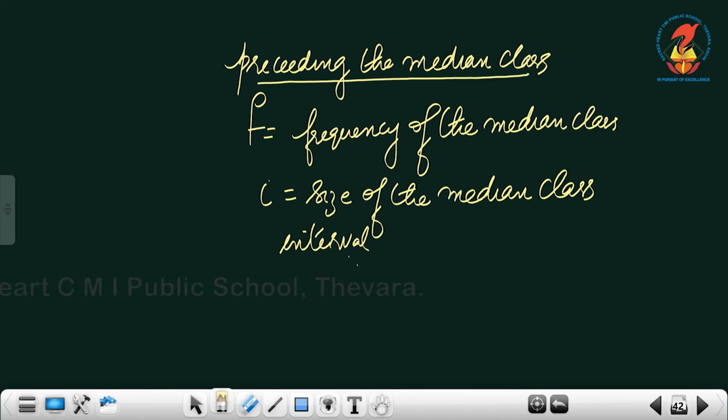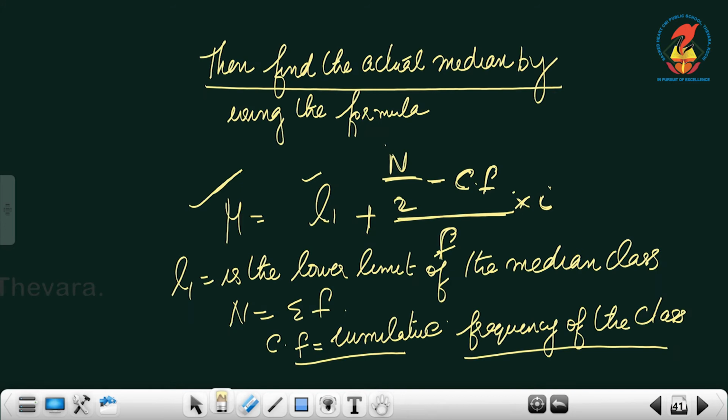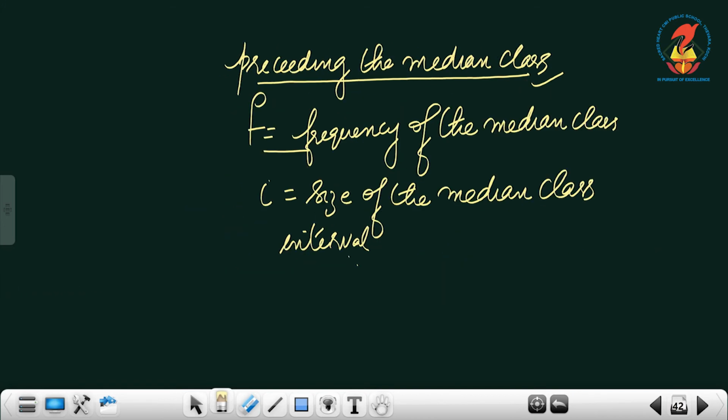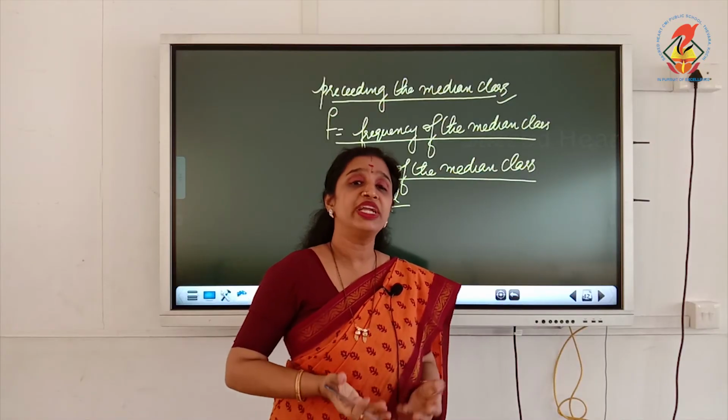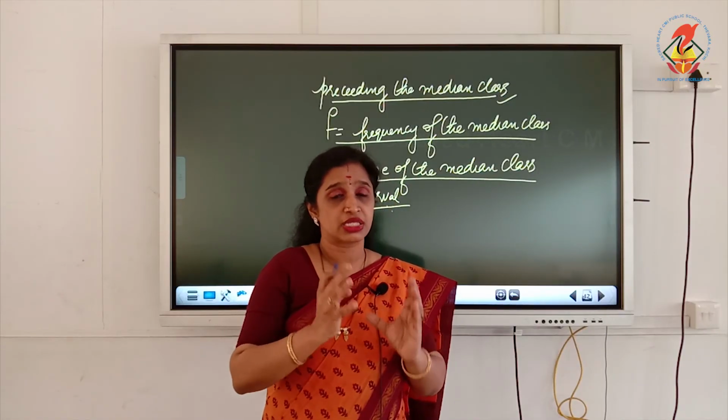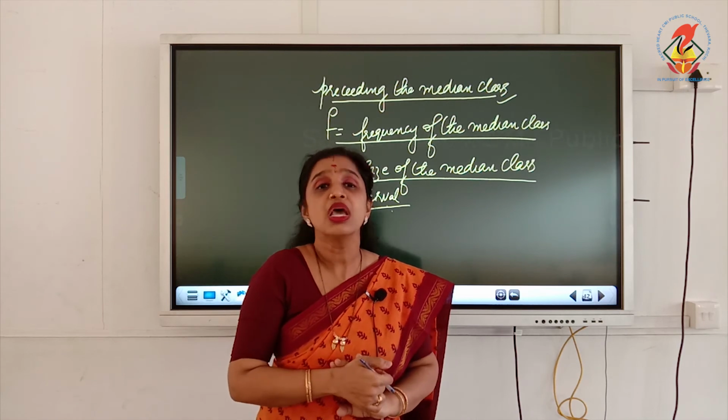Whatever median class we found, prior to that median class, what is the cumulative frequency? That cumulative frequency only we will be considering. Then by f, did you see this f? f means frequency corresponding to the median class. i is the size of the class interval, median class interval. Whichever median class we are finding out, its size or the gap, that is known as i.